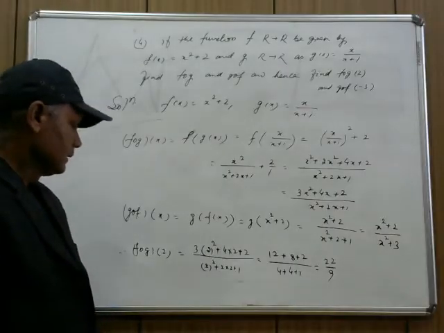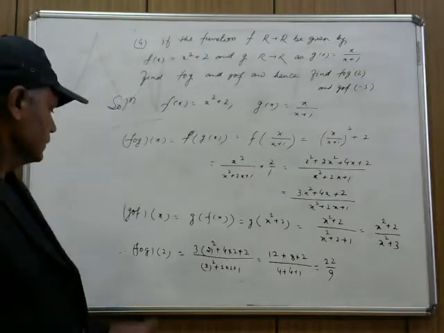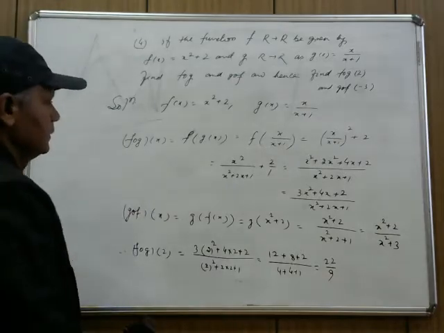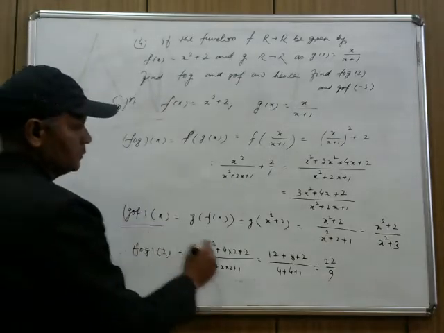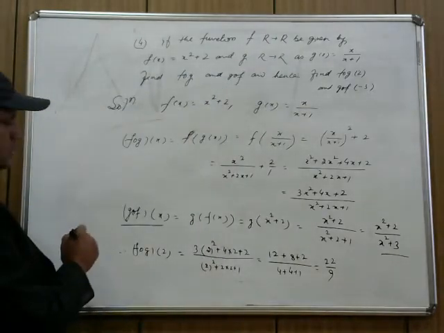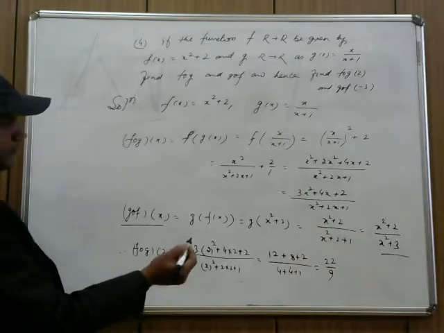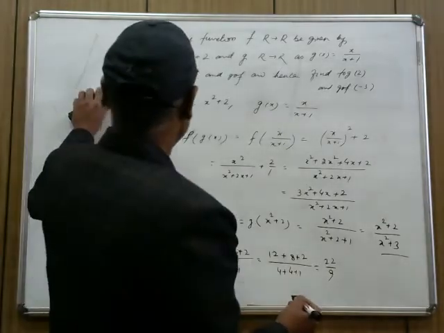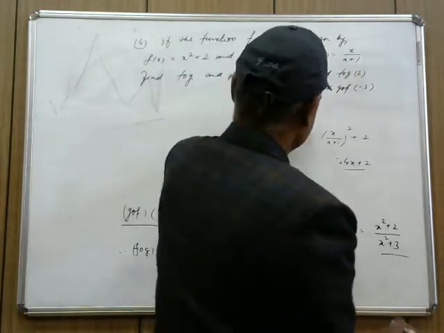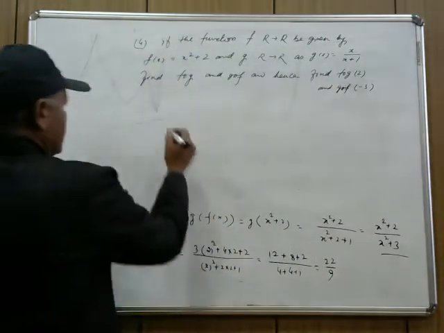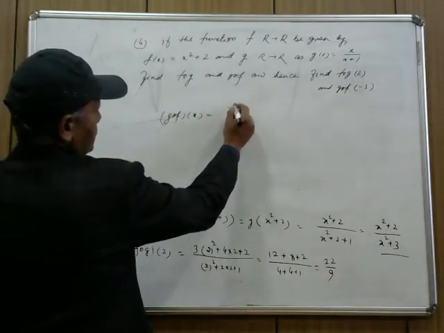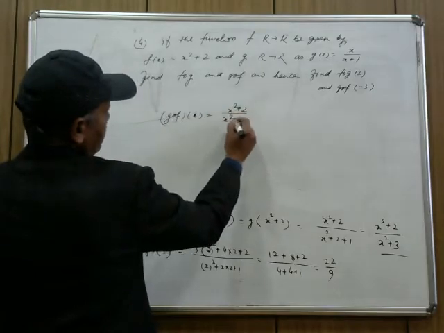Right? Now you have to find g of f of minus 3. g of f of x is equal to x square plus 2 upon x square plus 3.